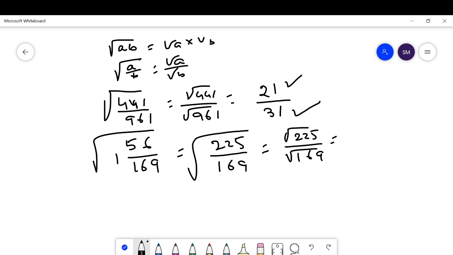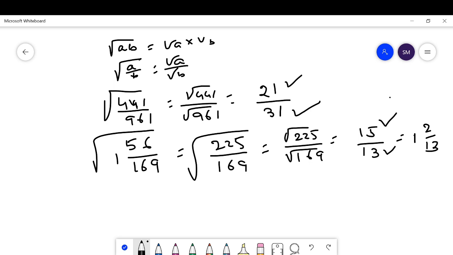Then by using prime factorization or long division, you can find the square root of 225 is 15 and of 169 is 13. Then the square root of 1 whole 56 upon 169 is 15 upon 13. Then you convert it into a mixed fraction, you get 1 whole 2 upon 13.